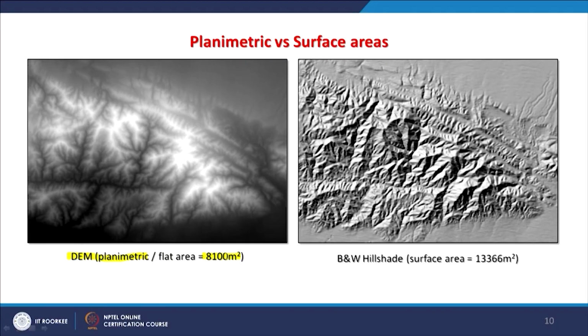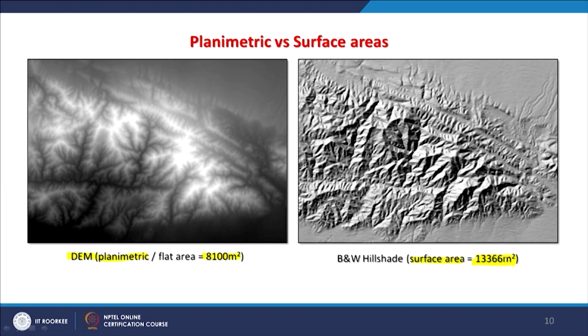But when the same area is subjected to calculations through surface area rather than planimetric area, it is much higher as compared to that one, because the terrain is highly undulated and the surface area is going to be much more.